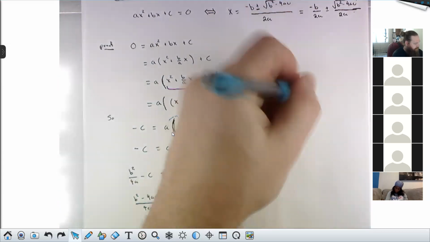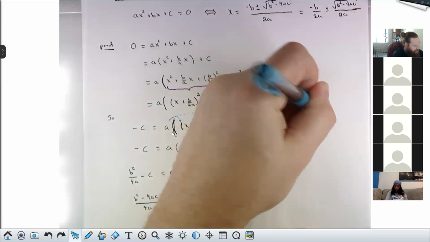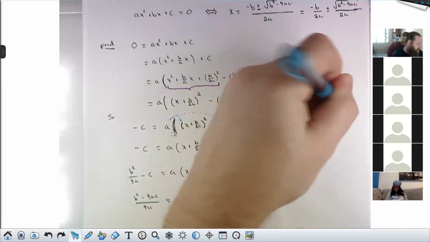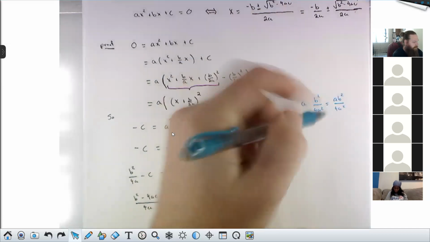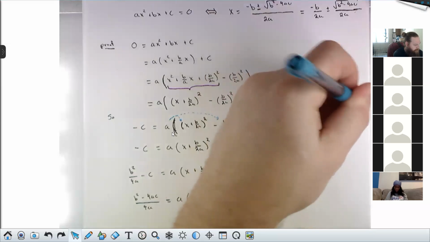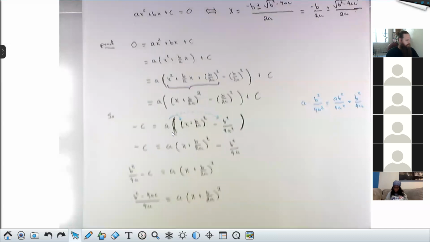And if you take, I'll do it off to the side here, a times b squared over 4a squared, that's ab squared over 4a squared, and you can cancel one of the a's. So that's b squared over 4a. Okay, thank you.